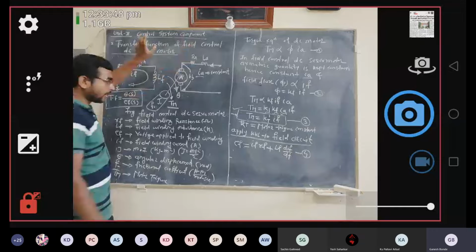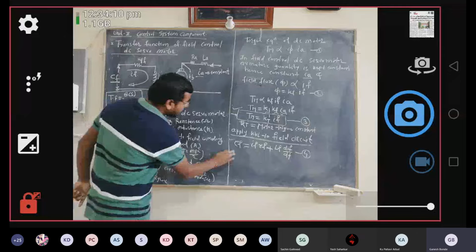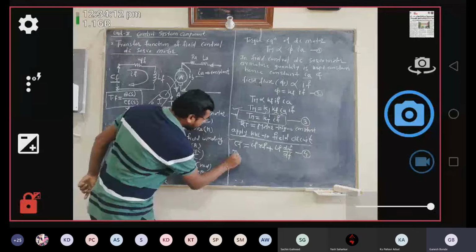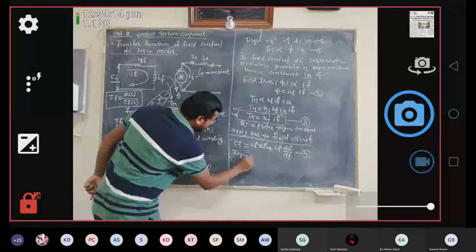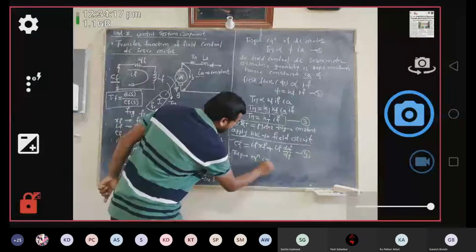And then last equation is remaining. Last equation किसका लिया था? Torque equation of motor in terms of mechanical parameter. Okay, so similarly you can write down the torque equation in terms of mechanical parameter.